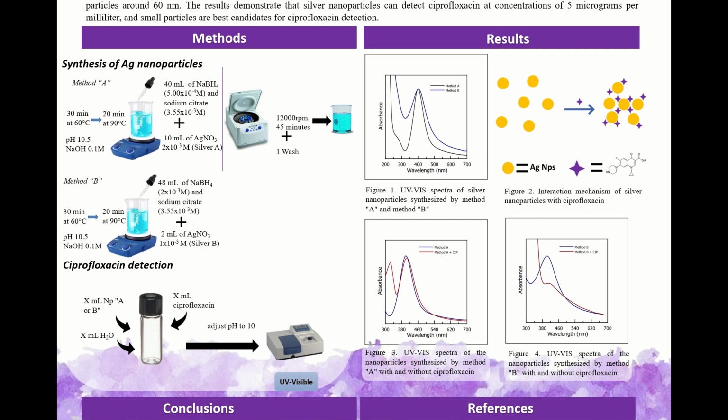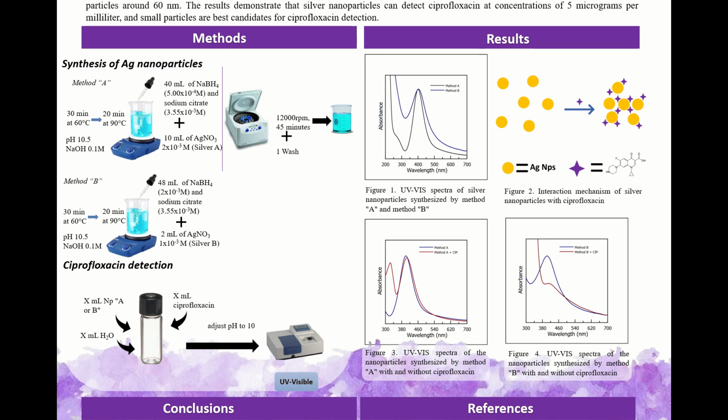The pH of the solution was adjusted to 10.5 using 0.1 molar sodium hydroxide. Heating was continued for 20 minutes. The nanoparticle suspension was allowed to cool to room temperature to remove reductants.